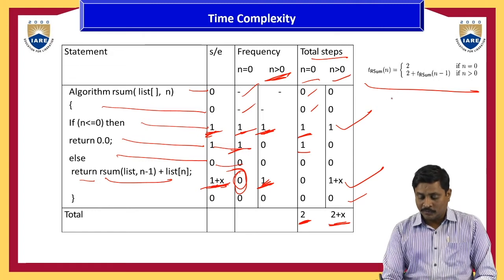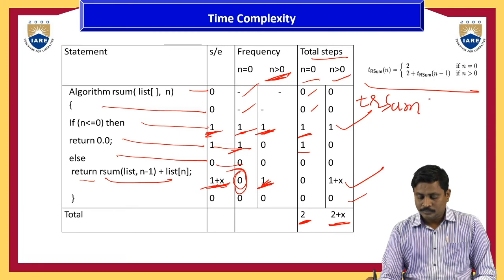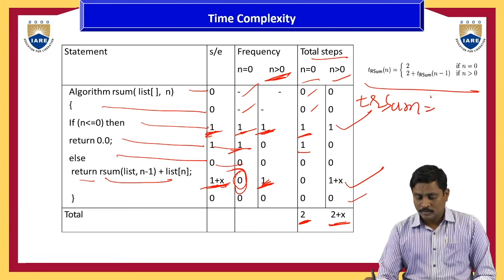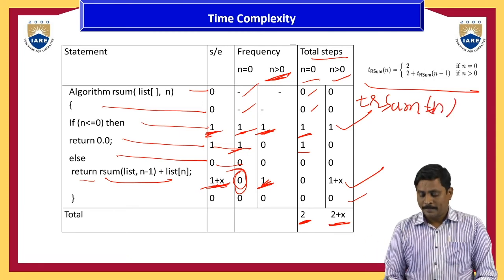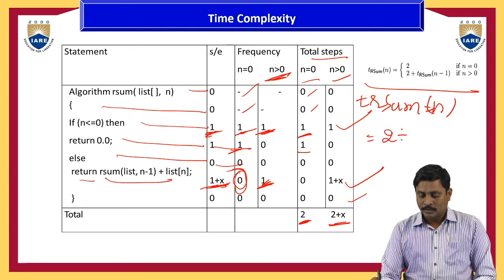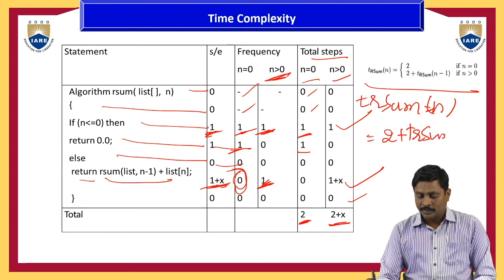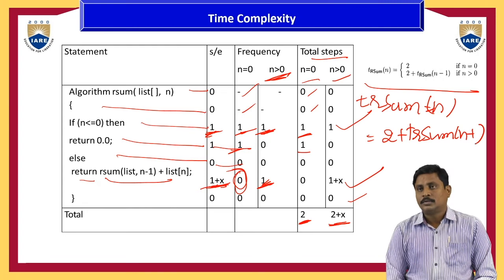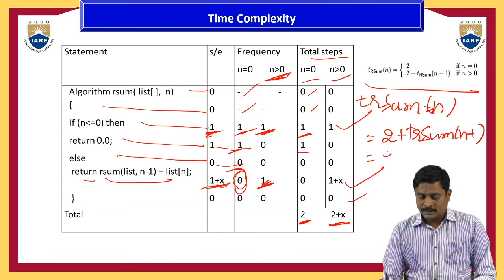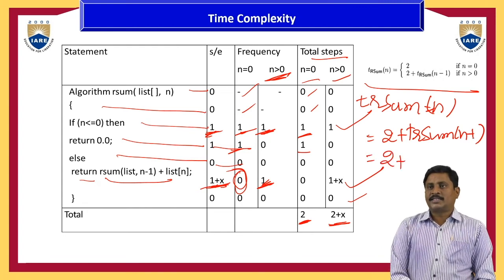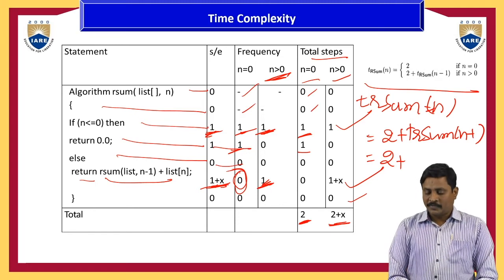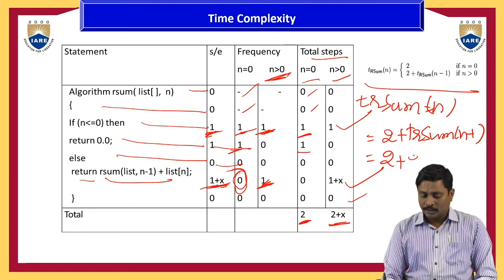Now here we see how to find that. So tr sum of n equal to 2 plus tr sum of n minus 1. Again, this tr sum of n minus 1 is in the form of tr sum of n, so substitute that same formula: 2 plus tr sum of n minus 2.